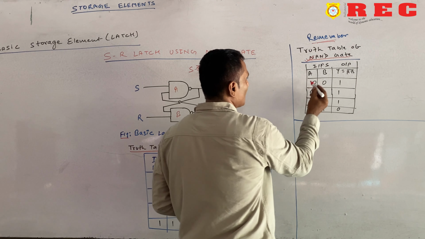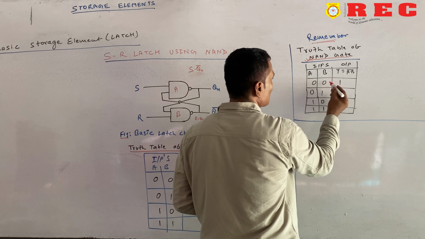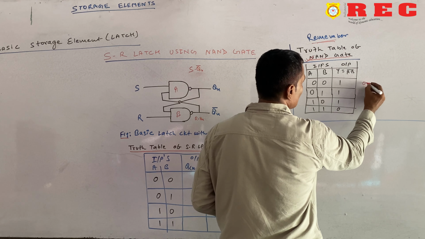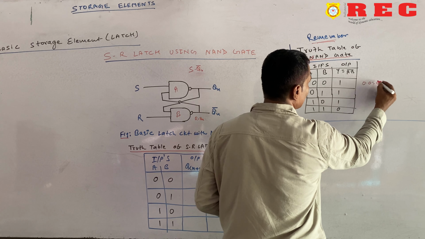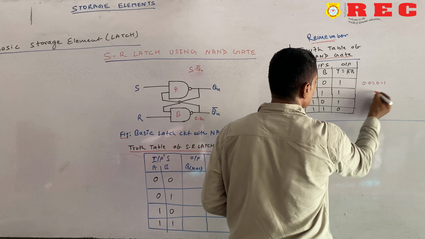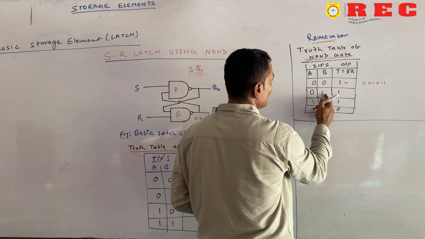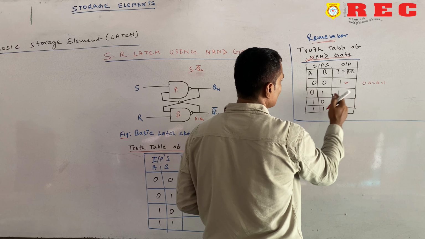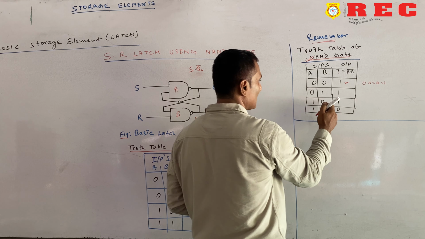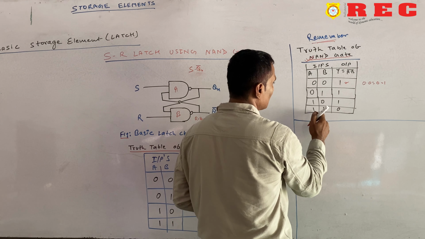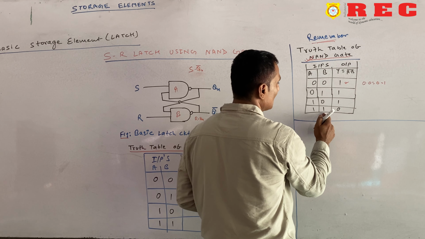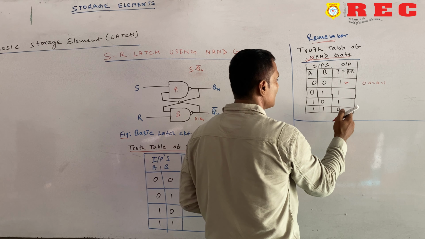When the inputs A and B are 0, 0: 0 into 0 is equal to 0, and the complement of 0 is 1. Again 0 into 1 is 0, and the complement is 1. 1 into 0 is 0, and the complement is 1. And 1 into 1 is 1, and the complement is 0.